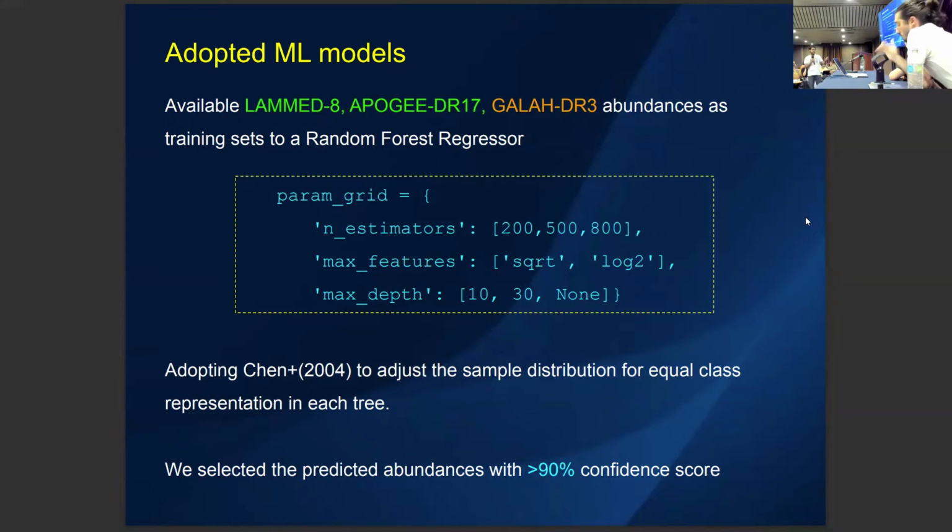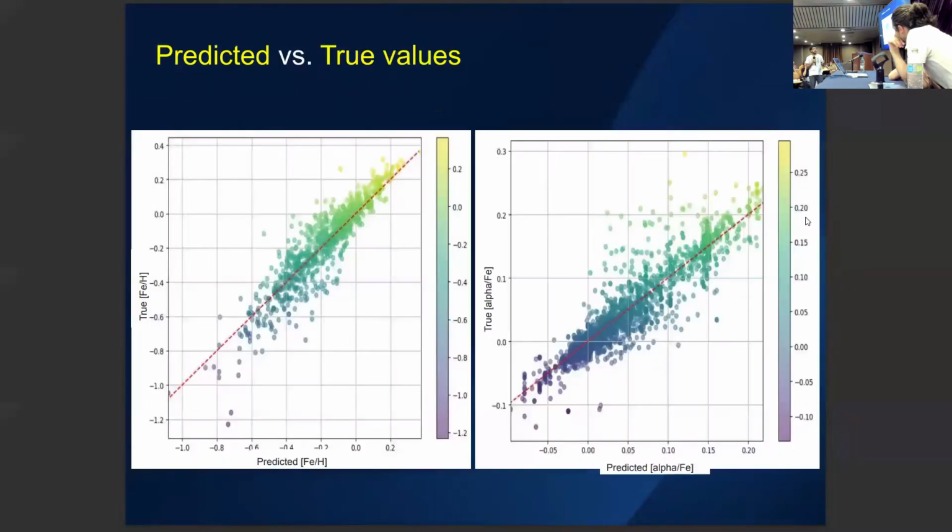And finally, from the predicted values, we considered the values which have a prediction confidence score of more than 90%. With that, we see that for the predicted versus true values for the iron, for the metallicity as well as alpha elements, it shows promising results.